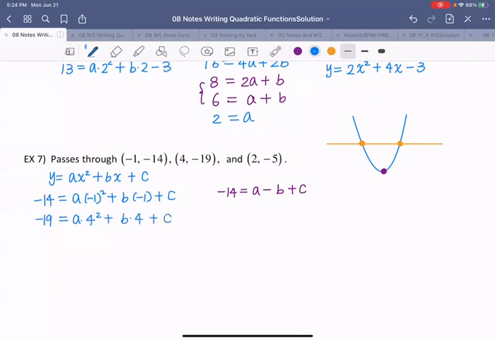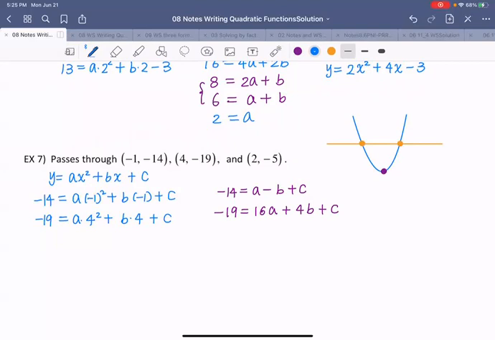Thank you. So this becomes -19 equals 16a plus 4b plus c, correct? Yes. Last one, go ahead.